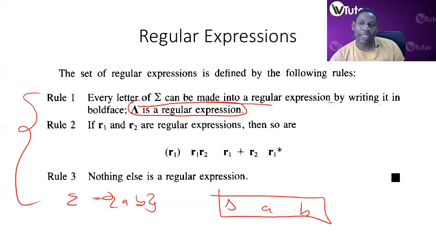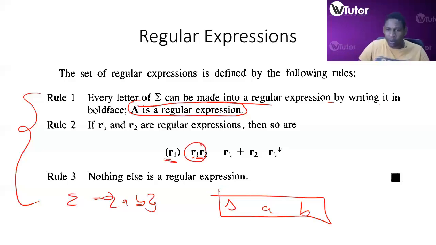Then rule 2. Now, let's look at how the remainder of regular expressions are formed. We say if R1 and R2 are regular expressions, then so is (R1) in brackets. That is pretty easy to understand. R1R2, so we're saying the concatenation of two regular expressions is also a regular expression.